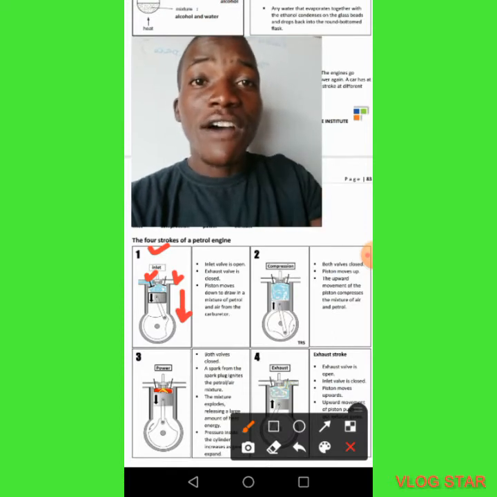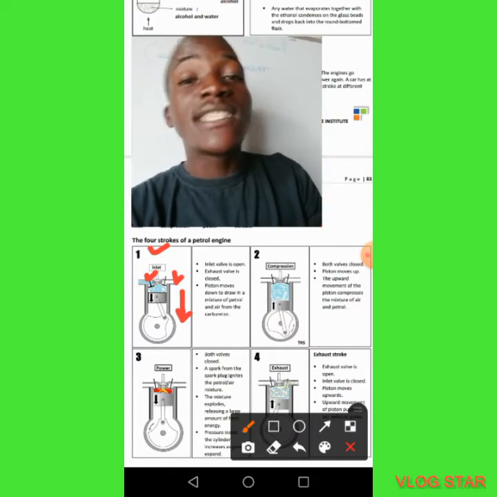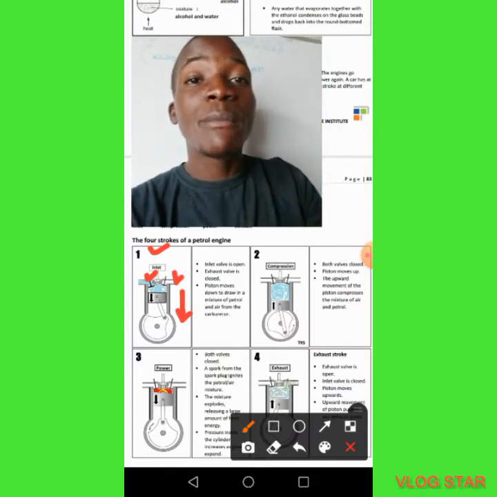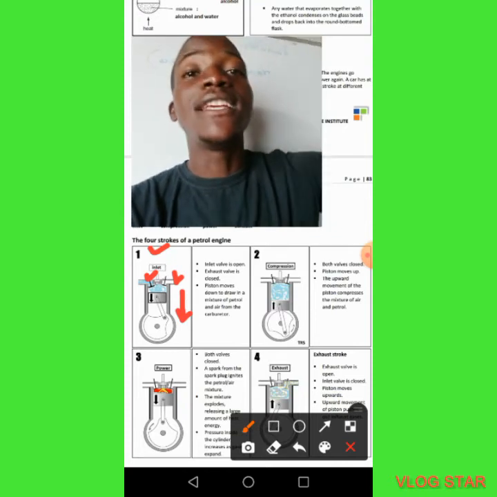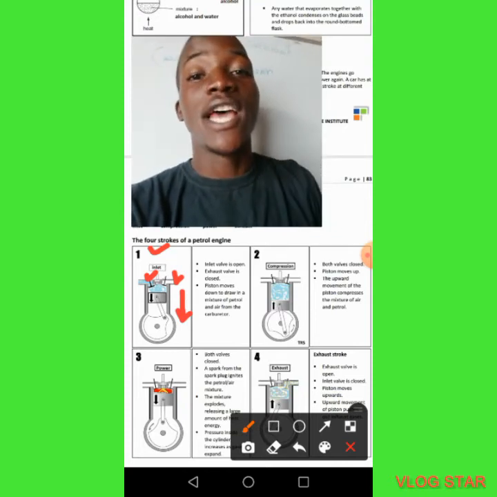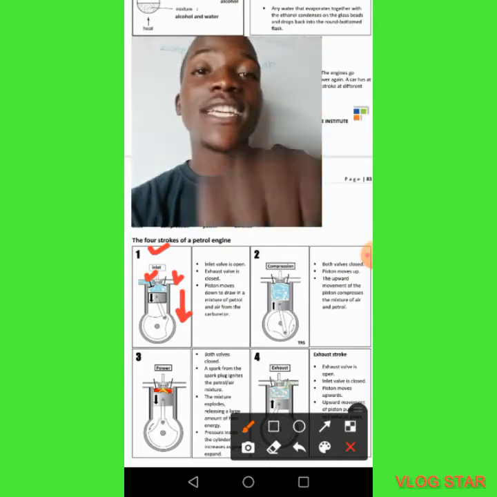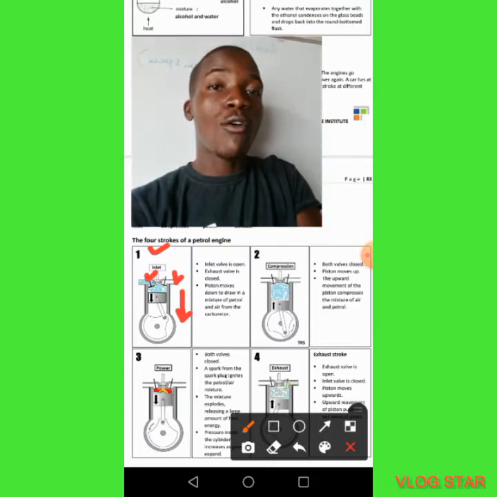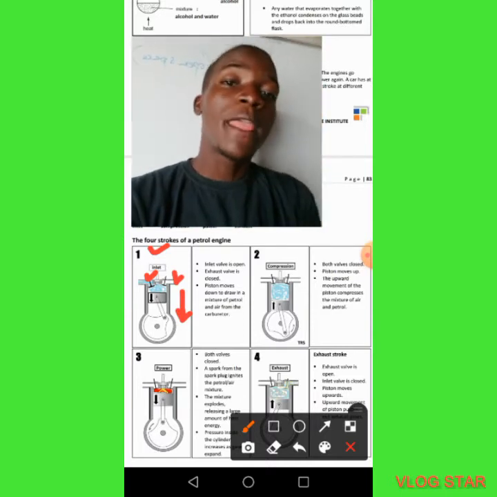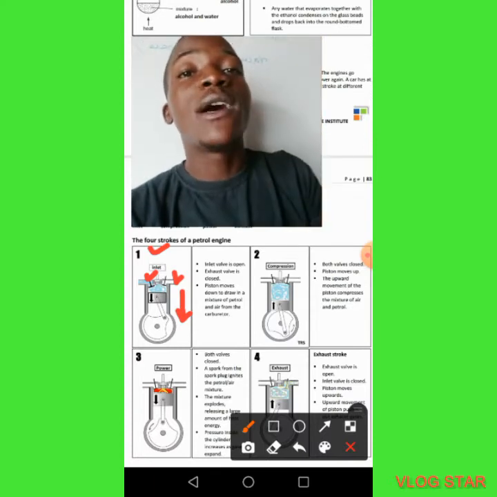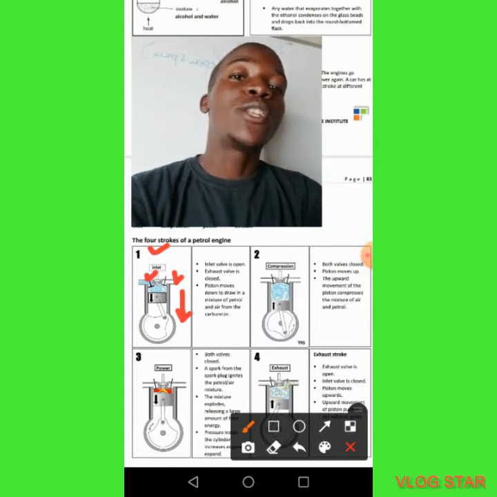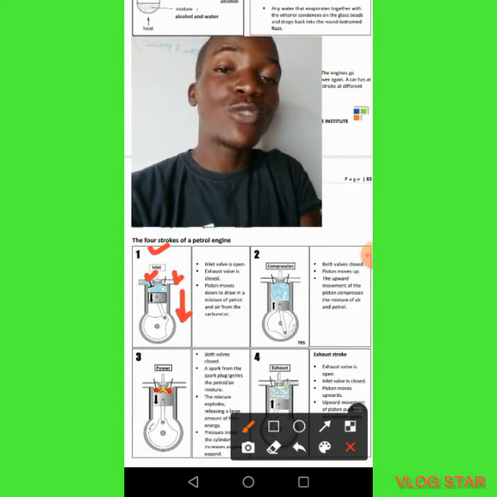The exhaust valve is closed because the purpose of the exhaust is to release exhaust gases out. So the inlet valve is what allows petrol to enter, that's why it is open. That's where the petrol enters. Then the piston must move downwards to allow the petrol air mixture to enter into the cylinder.